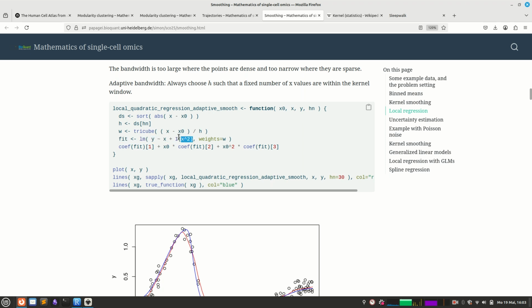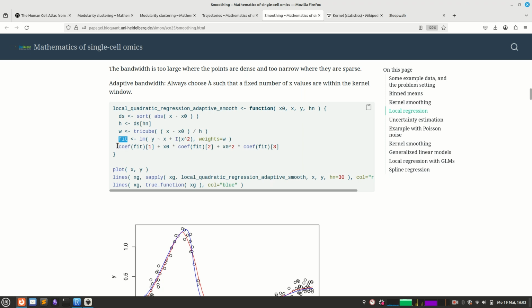R has a strange way of interpreting these formulas with a tilde. It understands a square usually as a fit on all combinations of this, so to mean literally fit on the square of this value, I have to put this I in front, but that's just a minuteness of R syntax.